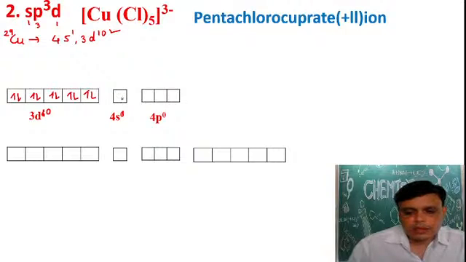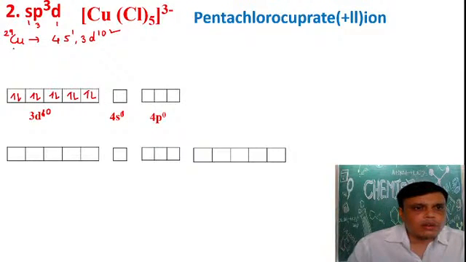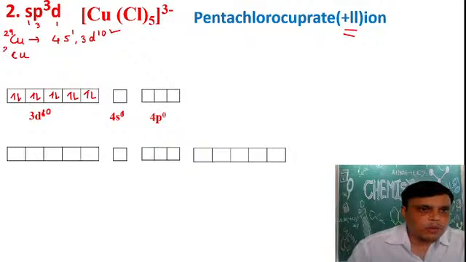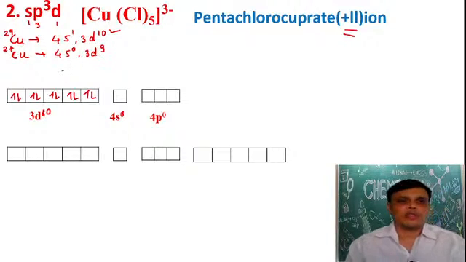Okay, so that was copper in zero oxidation state. Here the oxidation state of copper is how much? +2. Oxidation state of copper is +2. That means copper 2 plus will have the electronic configuration 4s0 3d9.